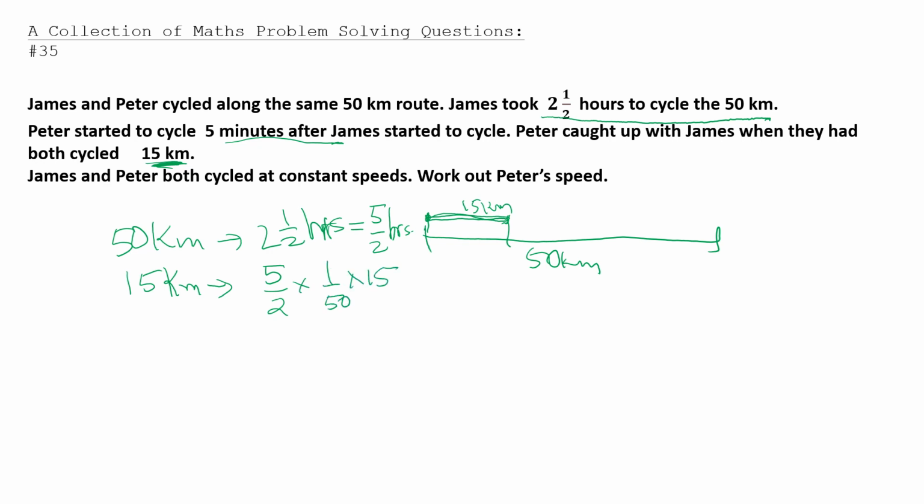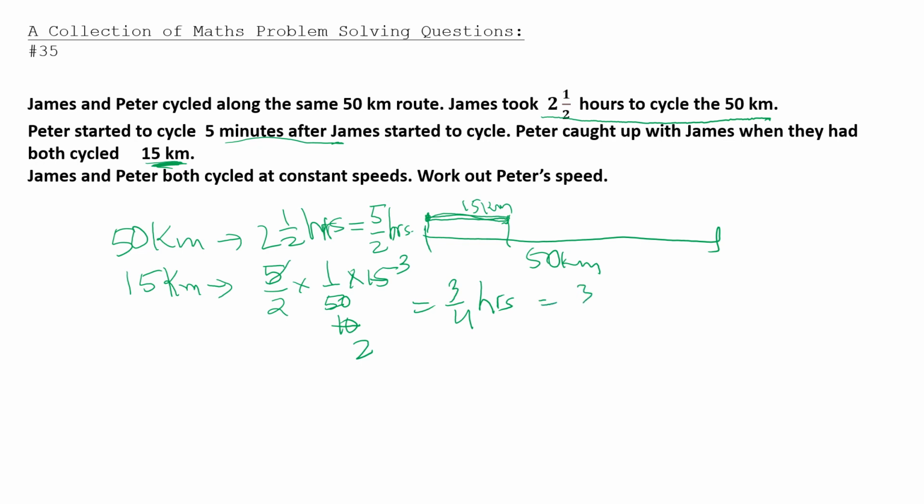So that's why I multiplied by 1 out of 50, the reciprocal. So I am left with 5 times 10 is 50, 5 times 3 is 15. So that is 3 out of 4 hours.